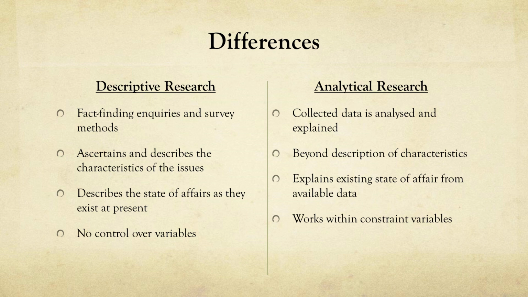Descriptive describes the state of affairs as they exist at present, while analytical explains the existing state of affairs from the data that is available. In descriptive, we cannot control the variables, while in analytical, it works with constrained variables, so we can control them and follow the experiment.